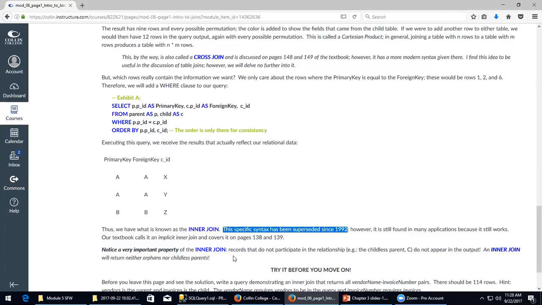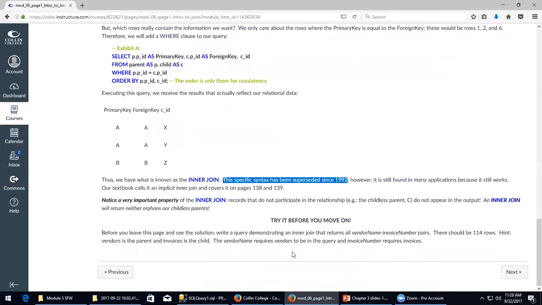Okay, I'm going to move on here. It says try it. Write a query demonstrating an inner join that returns all vendor name, invoice number pairs. Vendors is the parent, invoices is the child.